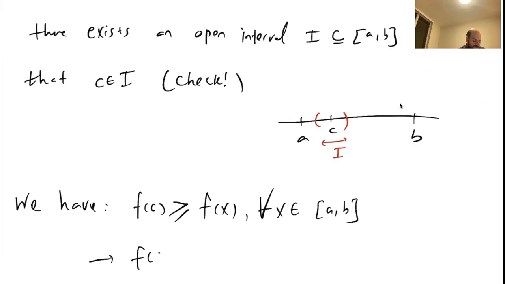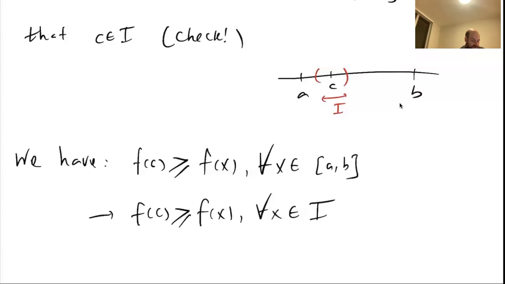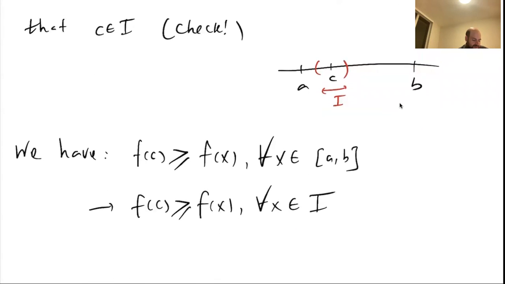So that means f of c must be the biggest output compared to all outputs coming from the interval I, because interval I was inside the closed interval a to b. And that means x equals c is a local max.